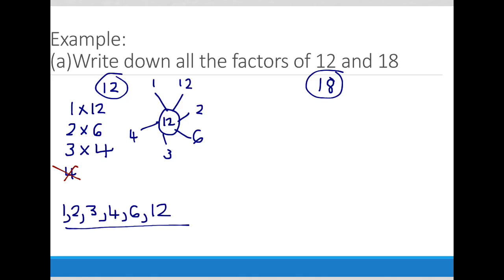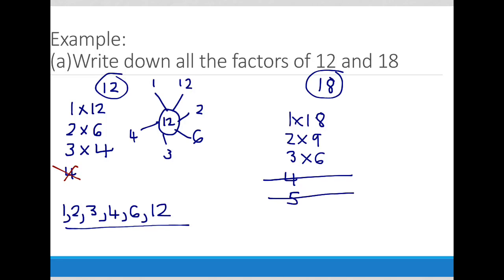Okay, I'm going to do it using the method I used earlier. 1 times 18, because it's not 12. 2 times 9. 3 times 6. 4. Oh, does 4 go into 18? No, that doesn't work. 5. Does 5 go into 18? No, that doesn't work. 6.